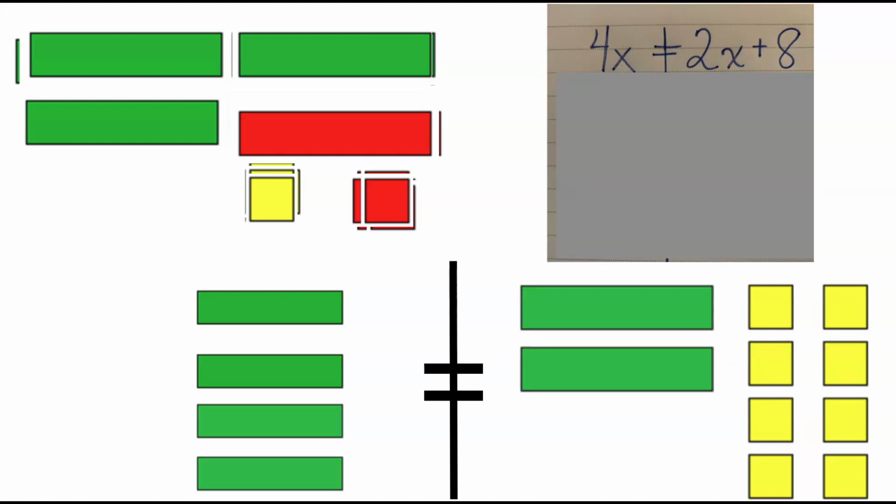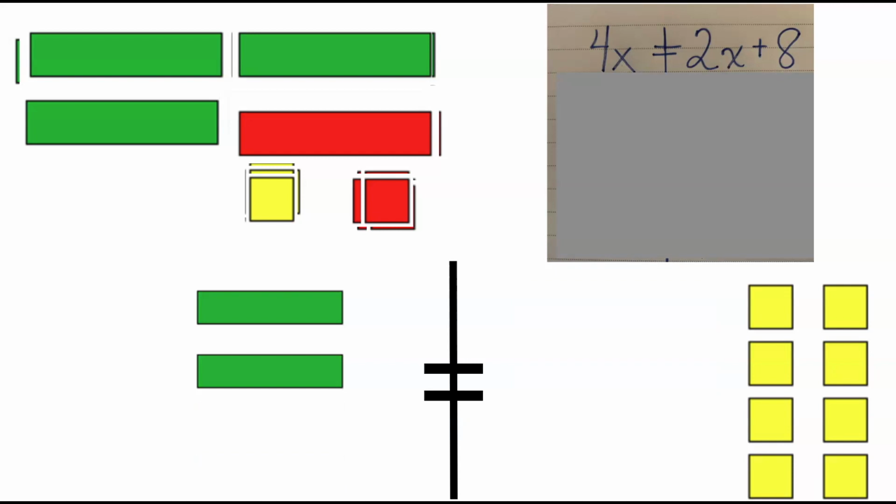So I can remove 2 x's from both sides and it still keeps the equation in check. Algebraically, I would show that as subtracting 2x from both sides. And that leaves me with a positive 2x equals 8.